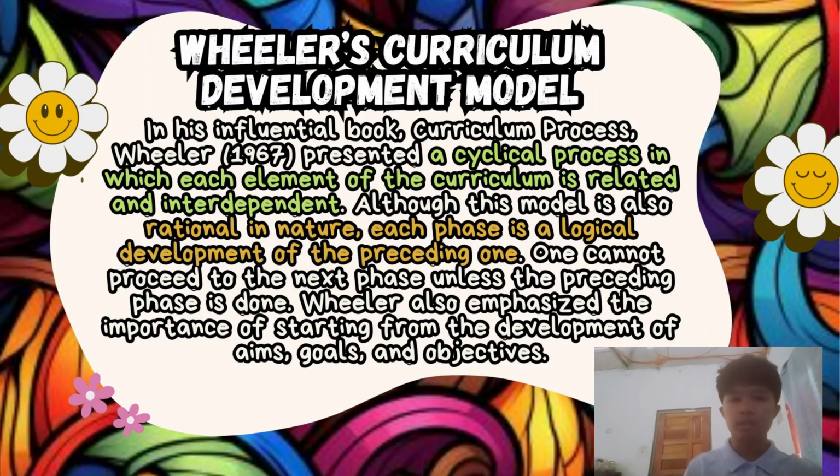Good morning everyone, I am Russell Basindanan and today I am going to report about Wheeler's curriculum development model. In his influential book, Curriculum Process, Wheeler presented a cyclical process in which each element of the curriculum is related and interdependent.